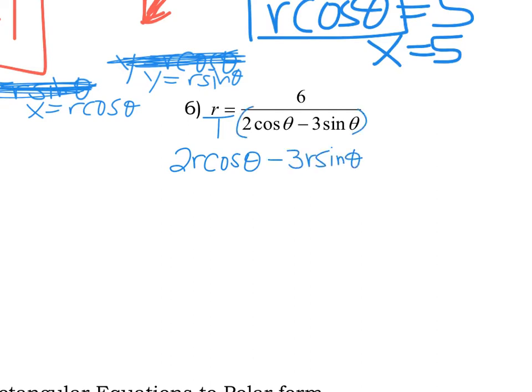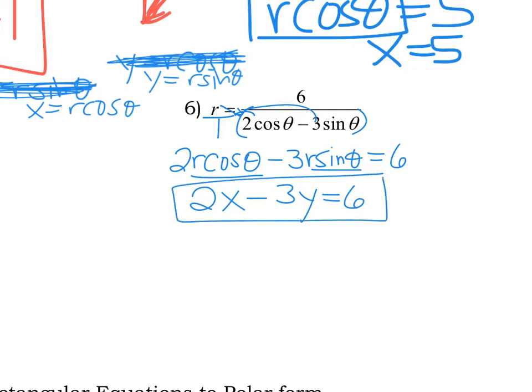I went ahead and distributed, and this is equal to 6. Now let's do some replacements here. r cosine theta is x. r sine theta is y. And do you know what this is? That's just a simple line. If you were to graph this in polar graphing on your calculator, it would be a simple line.